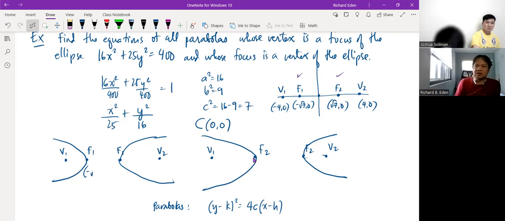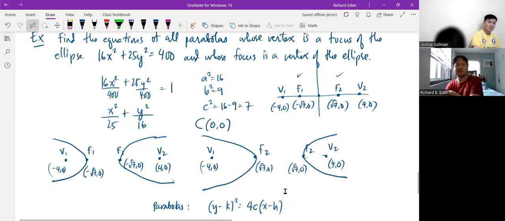Yes, so, all right. I think it's easier if we write down the coordinates. Negative square root of 7, 0. That's F1. And then F2, positive square root of 7, 0. V1, negative 4, 0. And V2 is 4, 0.